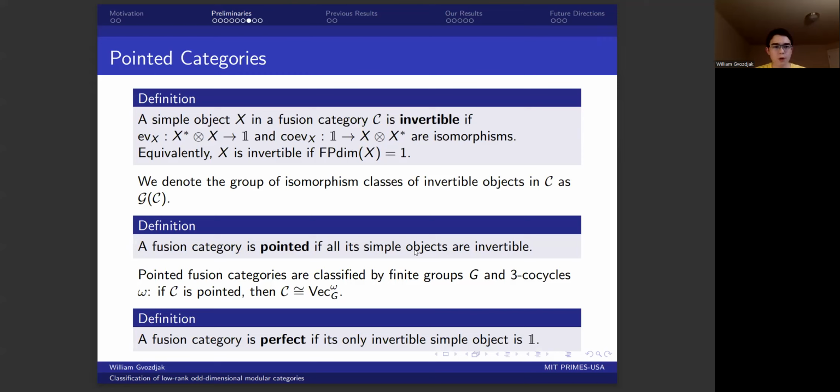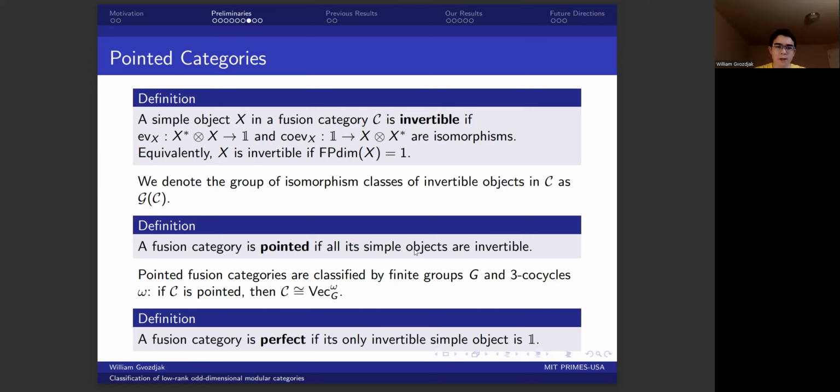The evaluation map goes from the dual of X tensor product X to the unit object 1, and the co-evaluation map goes from 1 to the tensor product of X and X dual. They both come from the fact that our fusion category C is rigid. And if both of these maps are isomorphisms for our simple object X, then we say that X is invertible.